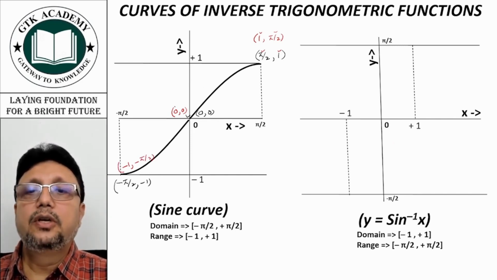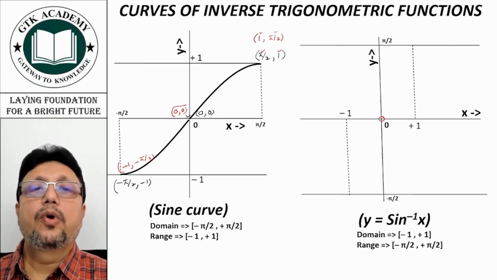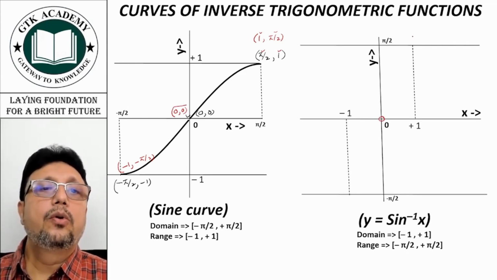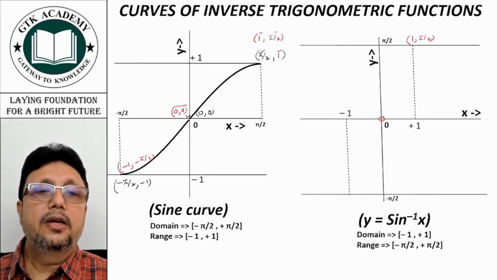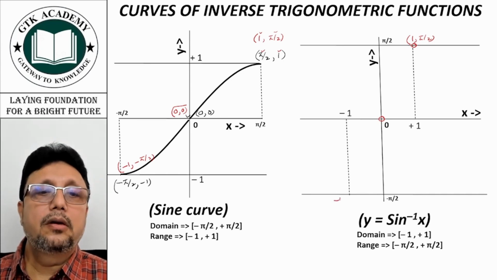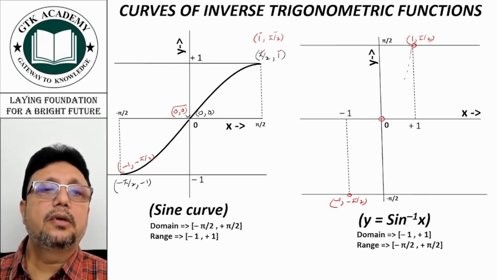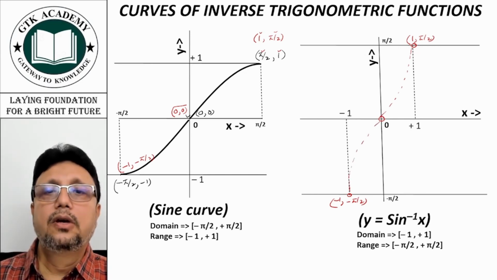Okay, now let's plot the curve here. For 0, 0, you will have this point. For 1, pi by 2, and minus 1, minus pi by 2. So the curve will come somewhat like this.